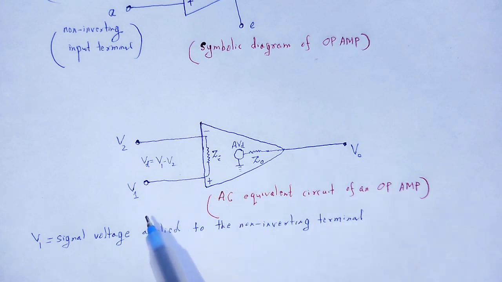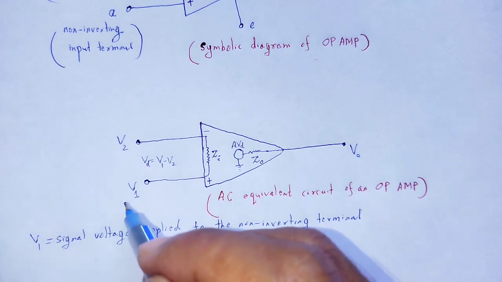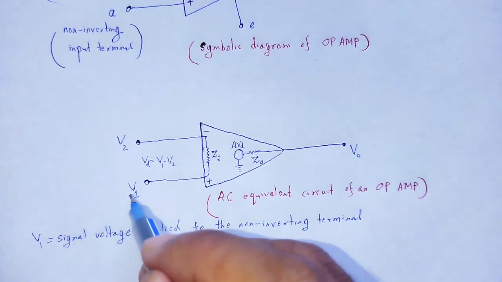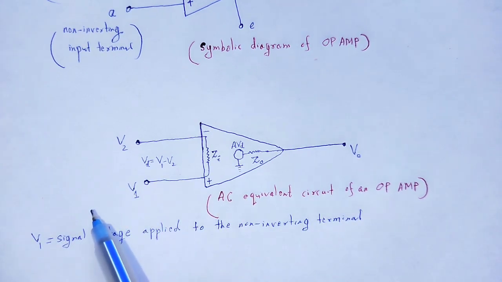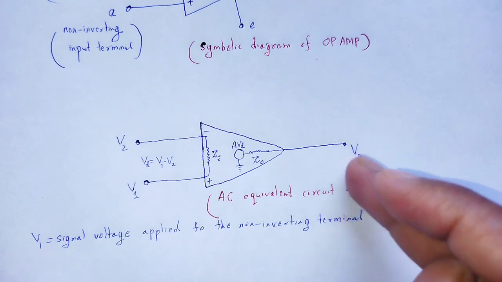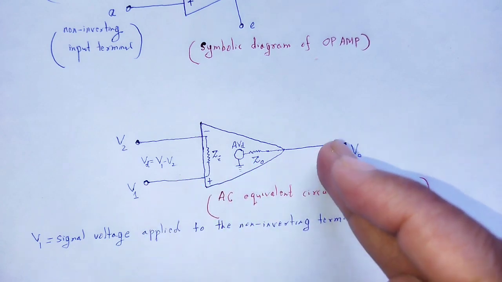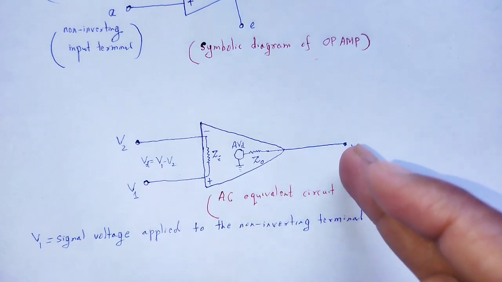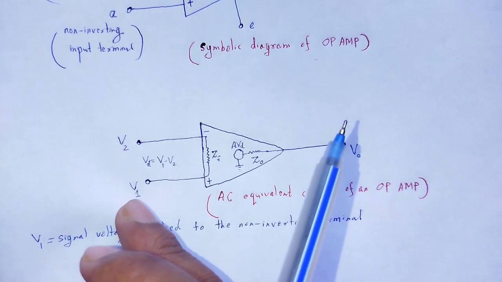If we apply a signal to that terminal, then at the output we obtain a phase shift of 0, meaning the output signal is in the same phase as the input signal.